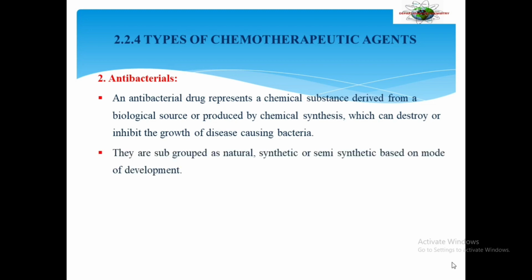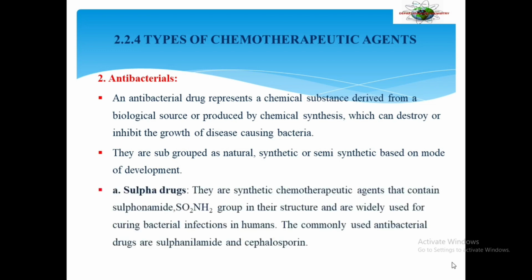They are subgrouped as natural, synthetic, or semi-synthetic based on mode of development. Antibacterials are further classified into sulfa drugs and antibiotics. Let us discuss sulfa drugs. Sulfa drugs are synthetic chemotherapeutic agents that contain the sulfonamide group, that is SO2NH2, in their structure and are widely used for curing bacterial infections in humans.